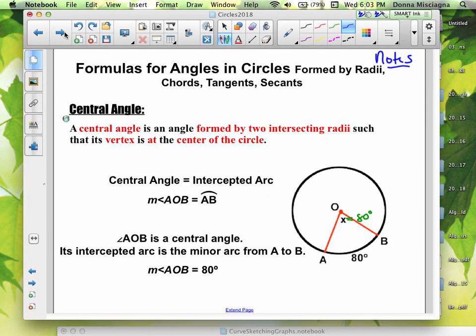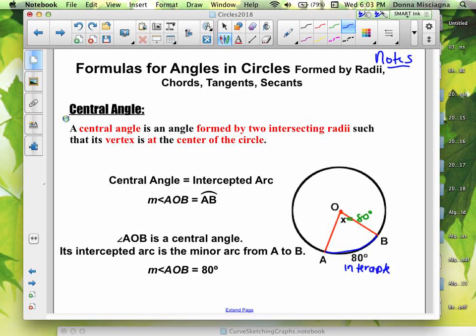All right, and then we have a picture. So the formula for a central angle is so easy. The word intercepted arc. Intercepted arc means that it's the arc that's between the two ends of the angle, like the two arms of the angle or sides of the angle. So this right here, where my pen is writing in blue, this is the intercepted arc.